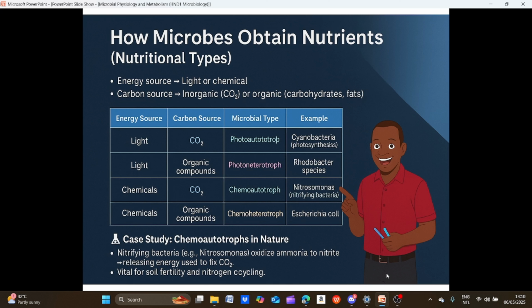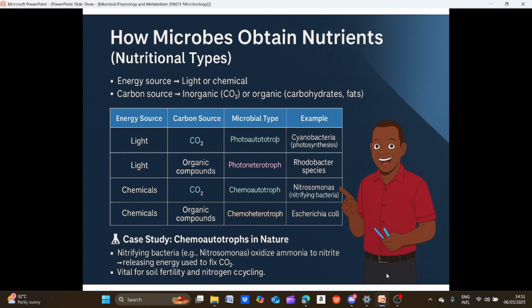And when we now talk of a carbon source, that means they obtain their carbon from CO2, or other organic molecules like carbohydrates, lipids, fat, and protein. A case study under this is the case of chemoautotrophs in nature.